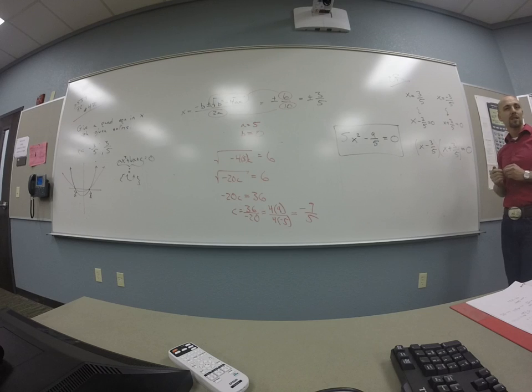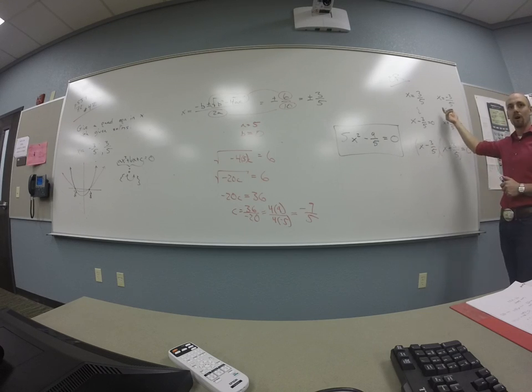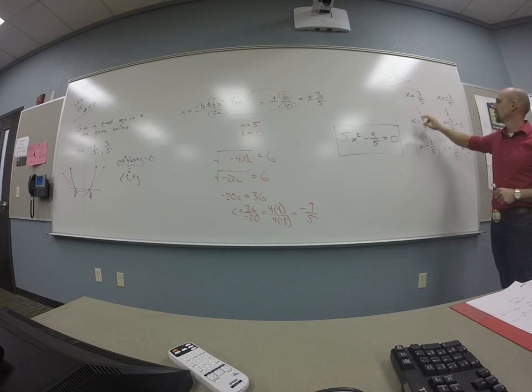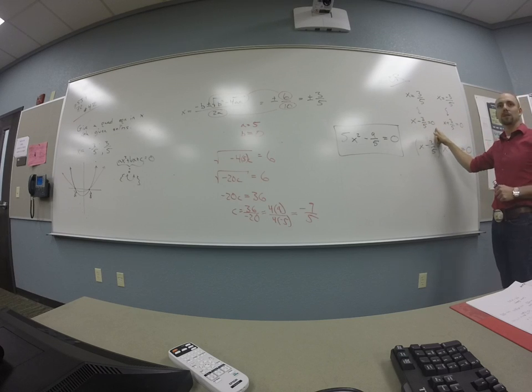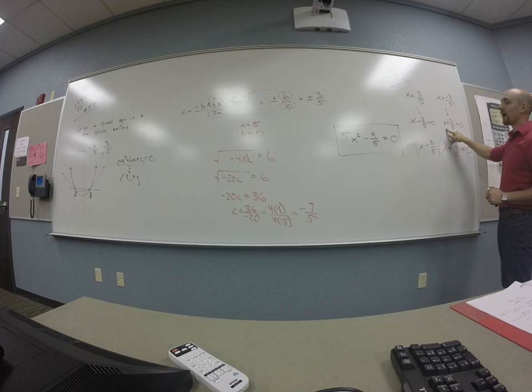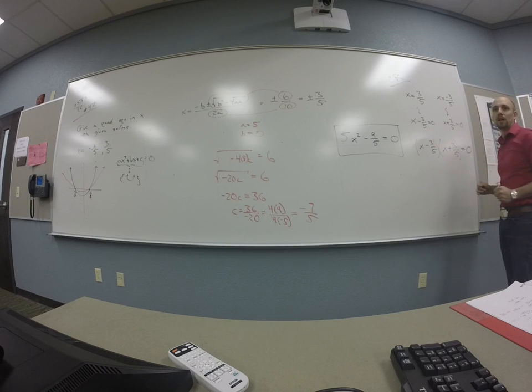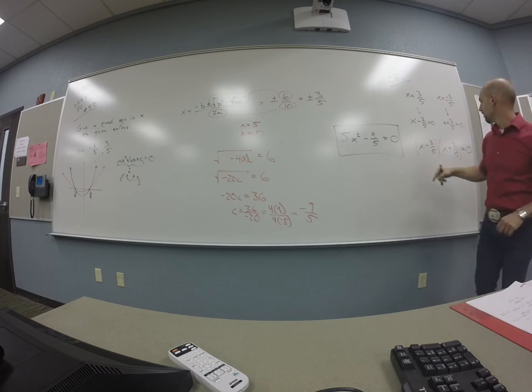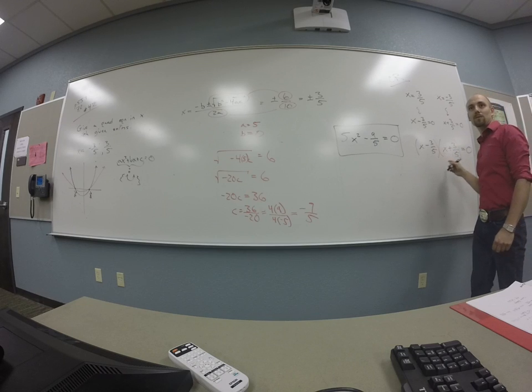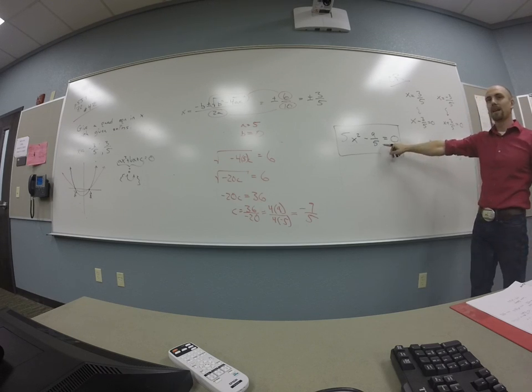You guys see that? This is me reverse engineering the zero product rule. I want a solution, so I make a factor that I can set equal to 0 and get that solution out. I make another factor with the other one that I can set equal to 0 and get the solution out. Then I take my two factors and multiply them together. Set it equal to 0 so I can apply the zero product rule. If you multiply this out and maybe fiddle around with a common bottom, you'll get that.